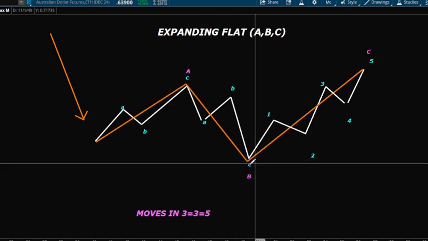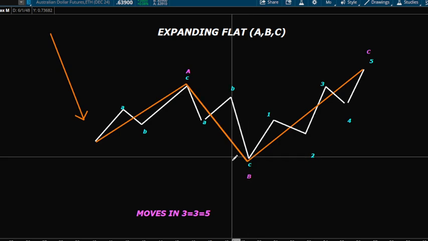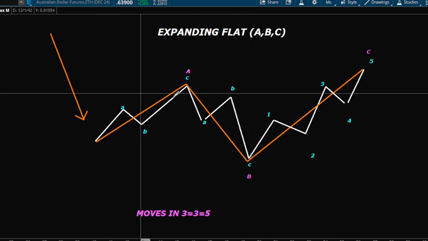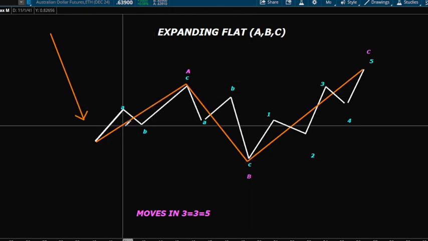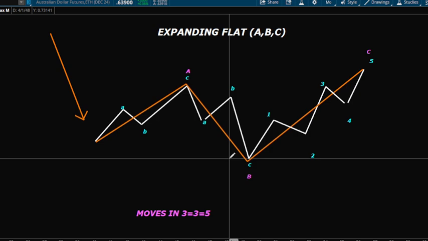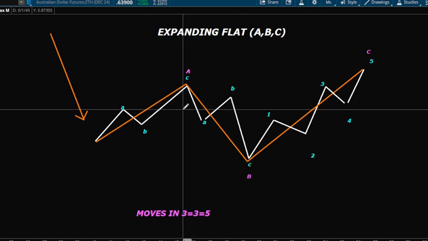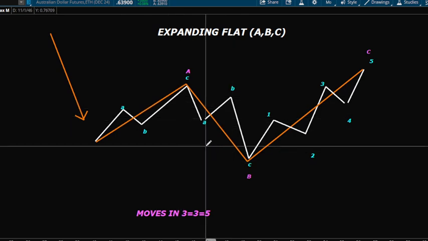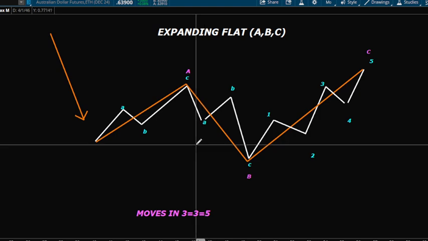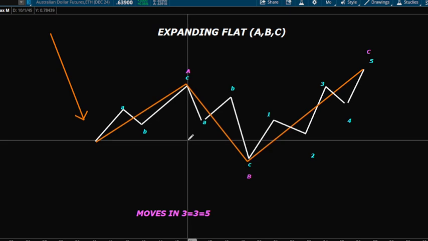Now the turn made a lower low, so this confuses a lot of traders, thinking that they can count this in a 4-5, which you probably can. I can argue all day long that I can count charts in 5 waves or 3 waves and probably still come out with the same outcome, but for me it's just easier to count 3 waves. 2 waves I don't have to deal with.